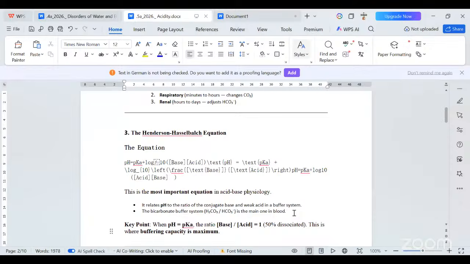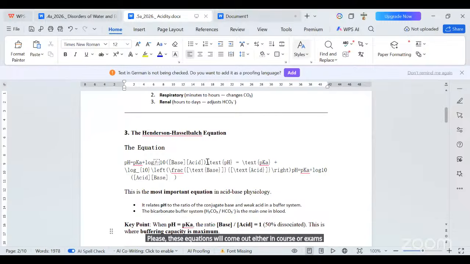The Henderson-Hasselbalch equation is often used to calculate the ratio of acid to base in the body. Please, these equations will come out in our course or exams.